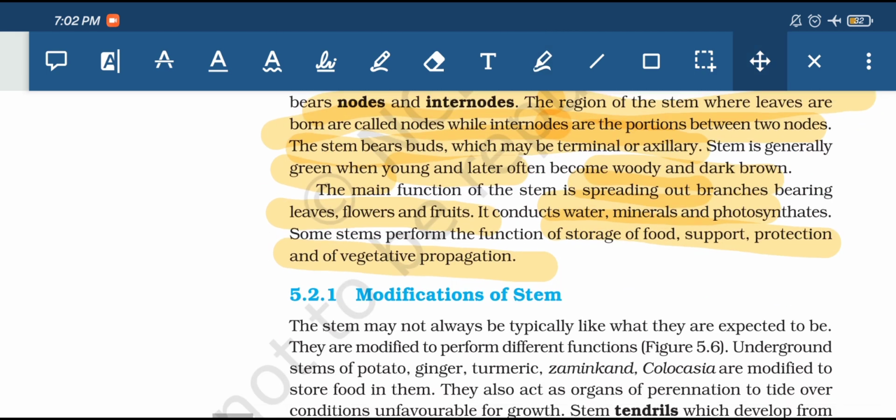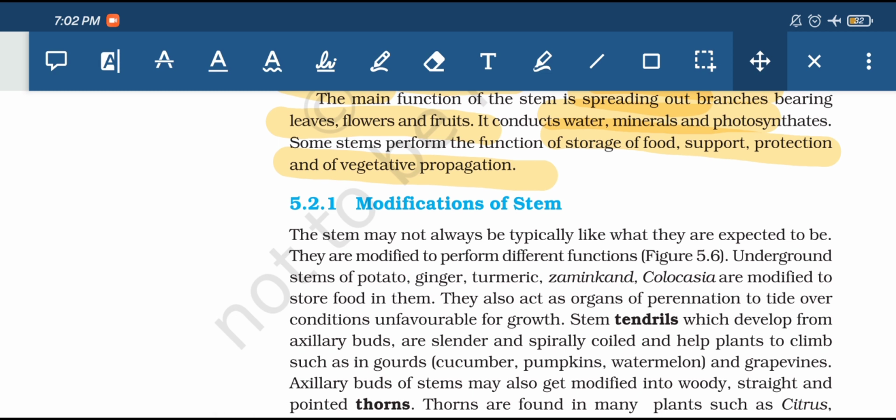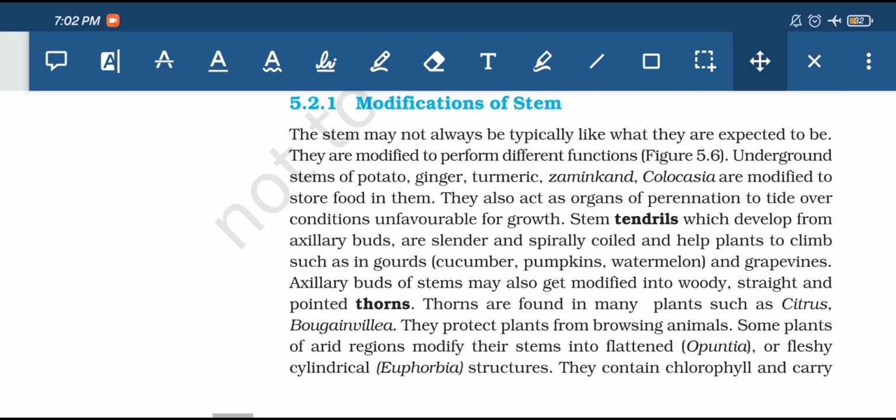So modifications of stem. Coming to the next subtopic, modification of stem. The stem may not always be typical like what they are expected to be. They are modified to perform different functions.